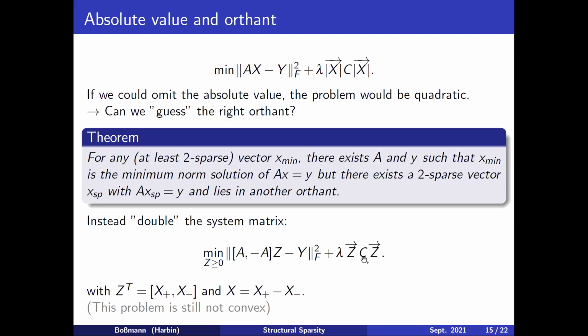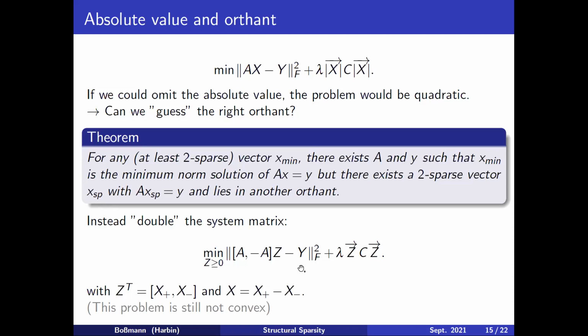Now, it is important to notice this is still not convex. So we are still not at a convex optimization problem because this matrix C is not necessarily convex. I mean, not necessarily positive definite. You can try to lift this even more to a convex problem, but we tried this, and in numerical experiments, you can see that basically the solutions you recover are no longer sparse.